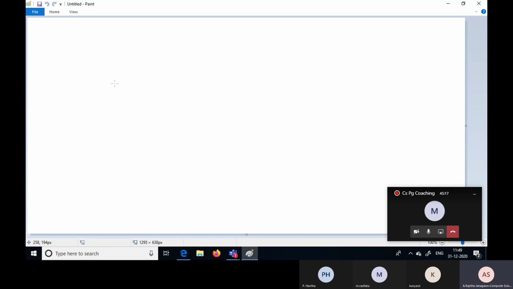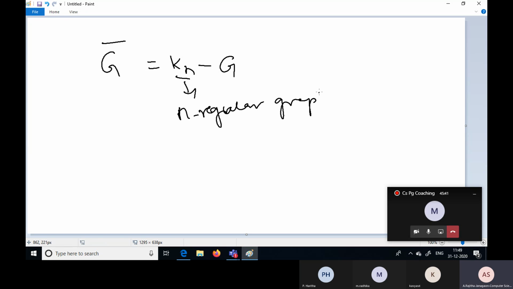Coming to the complement, here G complement means nothing but Kn minus G. Here Kn is nothing but the n regular graph, which is nothing but the complete graph.